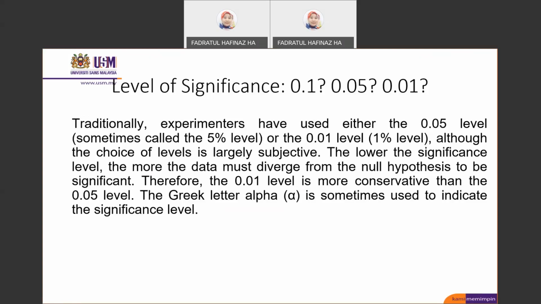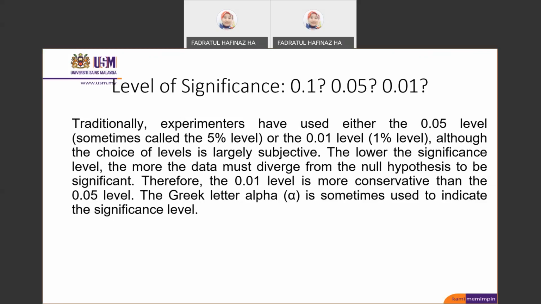There are many values that we can set for the level of significance: 0.1, 0.05, or 0.01. There is relatively little justification for why a significance level of 0.05 is used rather than 0.01 or 0.1, but it is widely used in academic research.